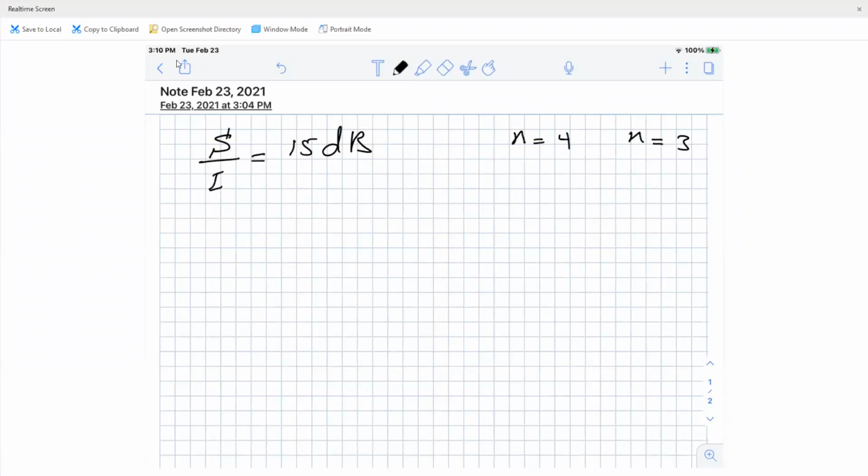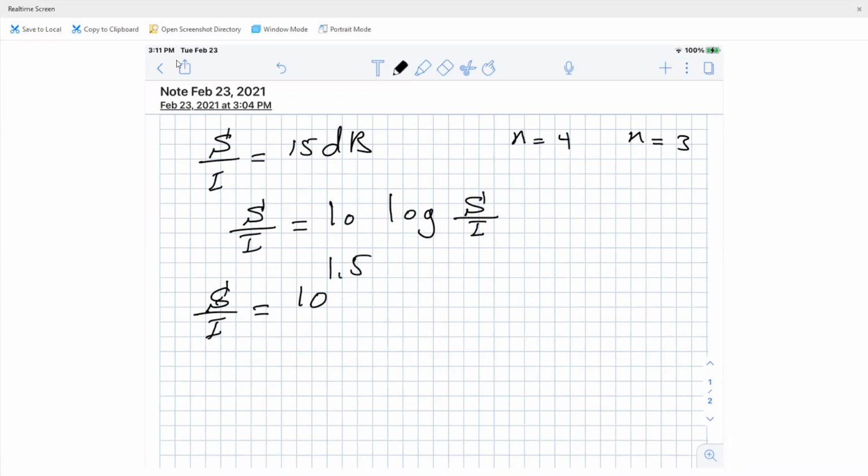Okay, now how are we going to determine the dB for a given, for example, signal to noise ratio or anything else, or signal to interference ratio? S over I in dB generally will be 10 log base 10 S over I. So when you are going to determine S over I as a ratio, it will be 10 raised to the power 1.5 in this case.